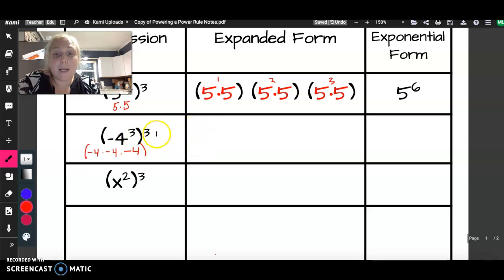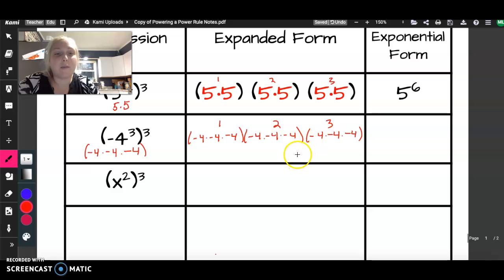If that is being raised to the third power, that means you have -4 times -4 times -4 times -4 times -4 times -4, and then that's multiplied times -4 times -4 times -4. So you can see I have -4 cubed multiplied 1, 2, 3 times together.